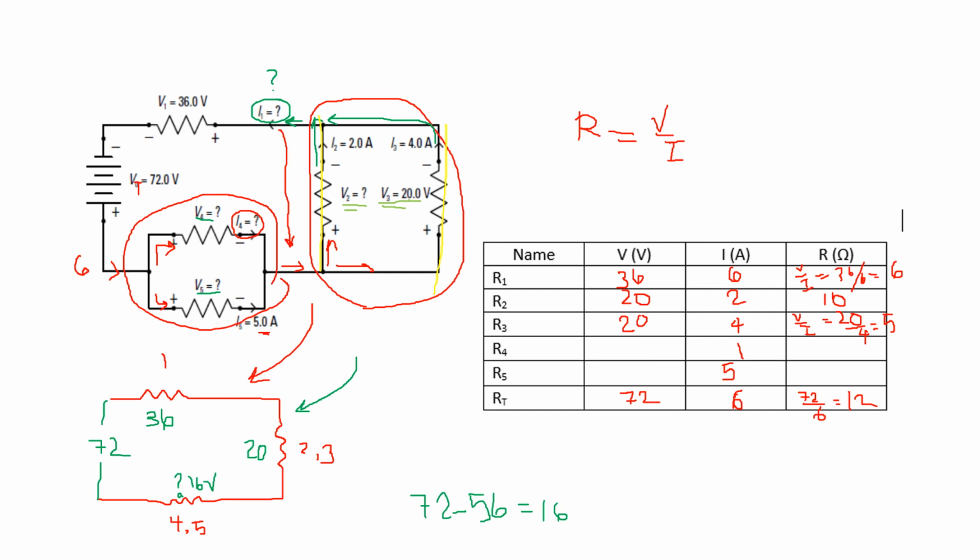They both will have the same number because these two branches are parallel. So here I have 16, here I have 16, and now it's easy to solve. So V divided by I, 16 divided by 5, will be 3.2 ohms. So you can see now my circuit is solved.